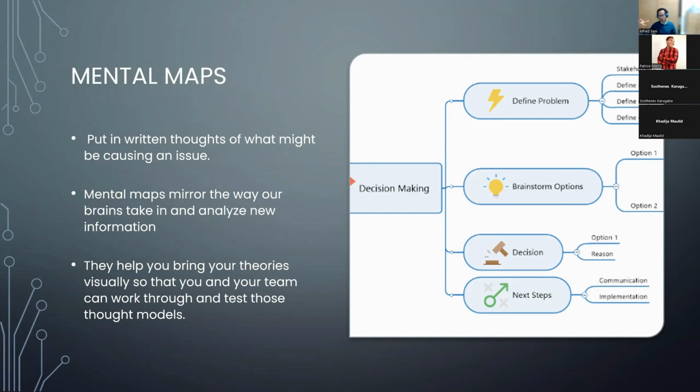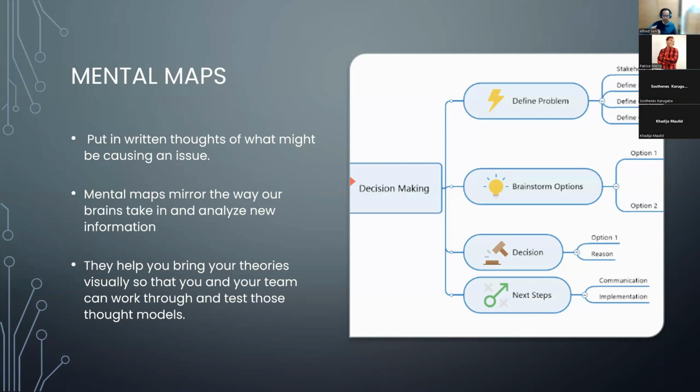Kwa hiyo unaweza ukadefine problem, ukaleta brainstorming option kwamba okay, tumeshalijua tatizo. Option gani ambazo tunaweza kuja kusolve tatizo? Okay, tumezipata hizo option. Maamuzi gani ambayo tutachukua? Decision. Next step zikoje? Kwamba what now that we know that this is a problem and these are the options and these are the decisions we have taken, so how are we going to do the implementation?